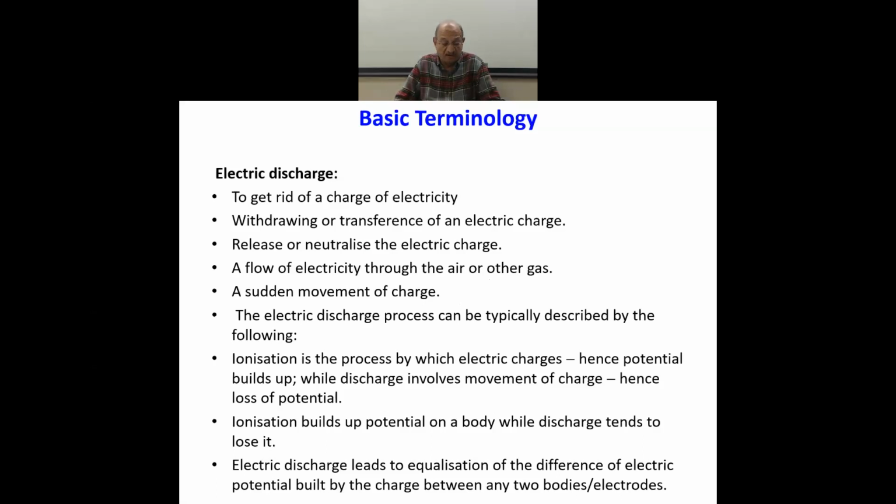So the discharge process equalizes the potential, and that is also how the phenomenon of lightning takes place.